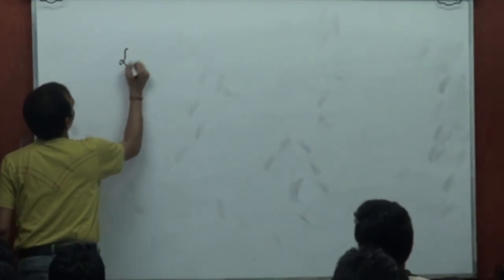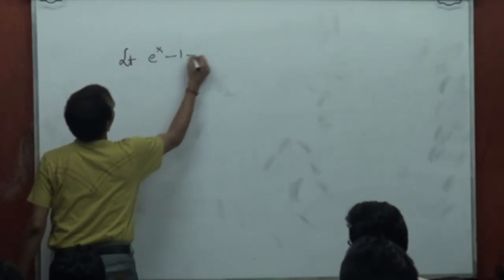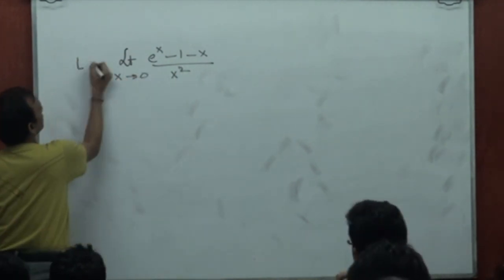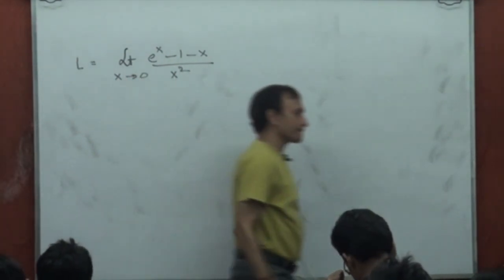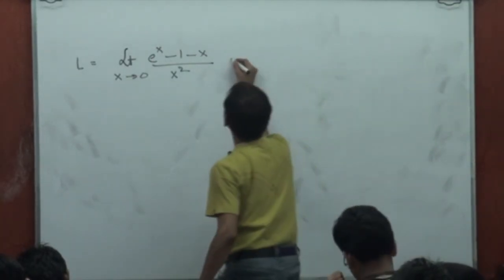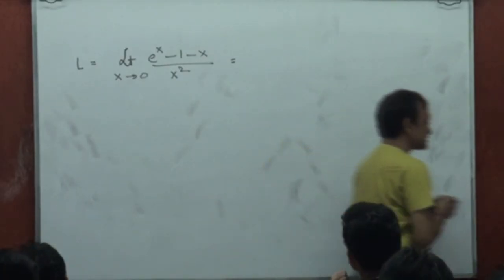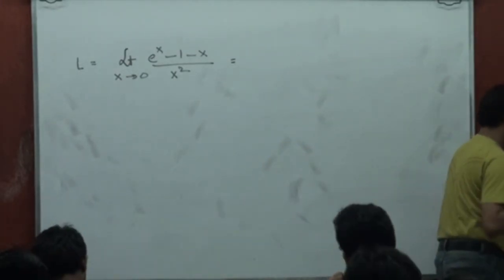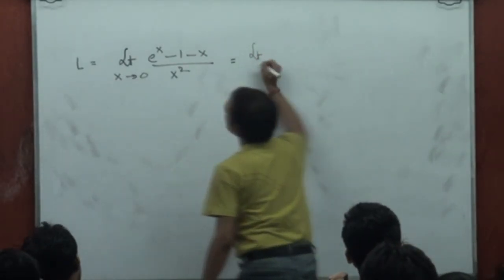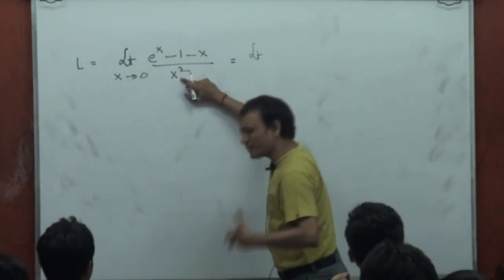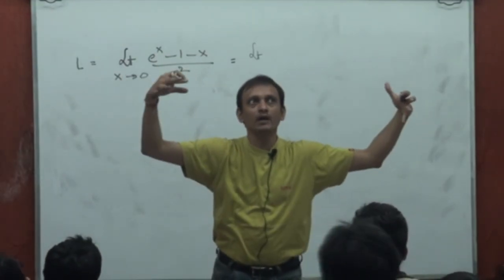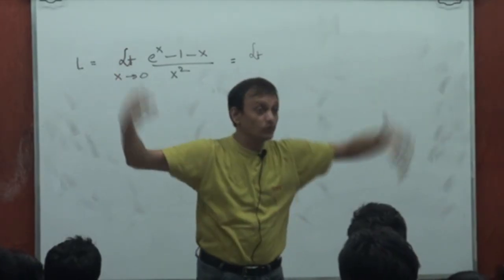For example, if I have, let's say, limit e power x minus 1 by x squared as x tends to 0, let me call it L. This I can write as limit. Now there is a x square in the denominator. I might want to bring a square of exponential in the numerator. e power something minus 1 whole squared would have helped the cause, right?